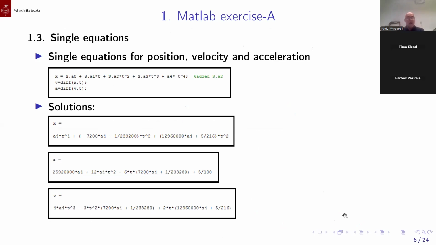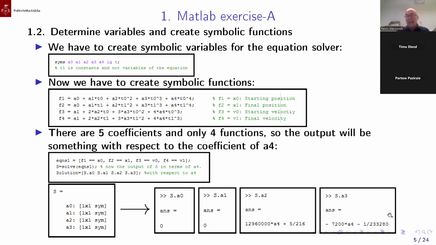Now I can write the expression of the position as a function. Originally, do you remember, the position is a function of A0, A1, A2, A3, A4, but A0 is 0, A1 again 0, and A2 and A3 can be written as a function of A4.